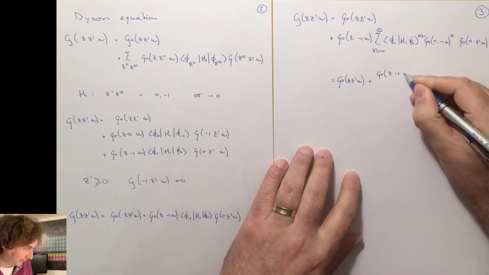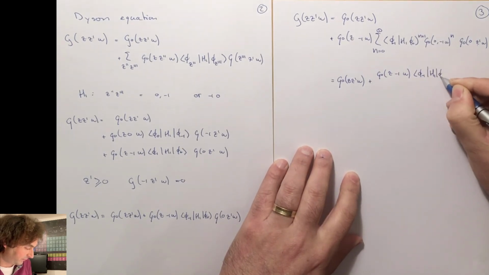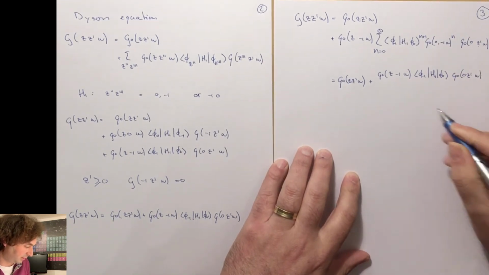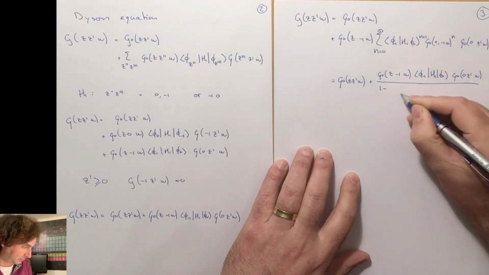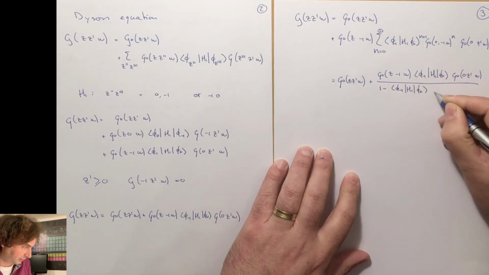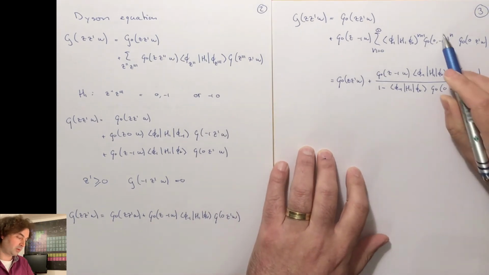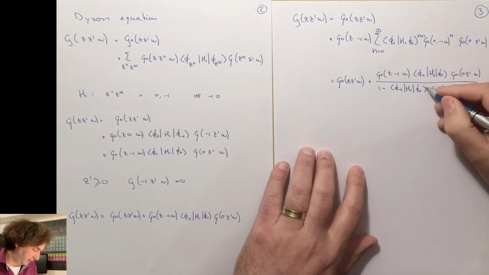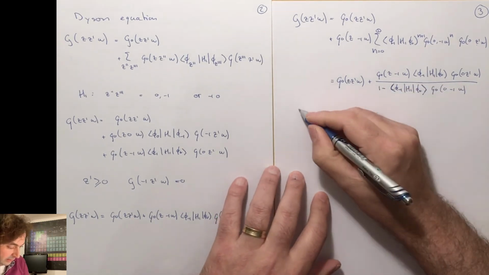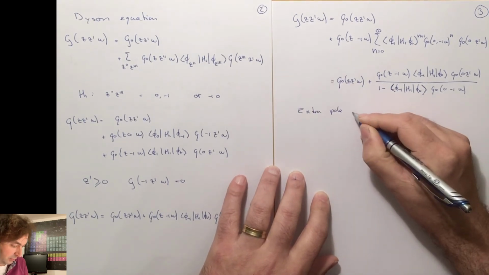G0(z, z', omega) equals G0(z, -1, omega) phi_-1 H1 phi_0 G0(0, z', omega) over 1 minus phi_-1 H1 phi_0 G0(0, -1, omega). So we did the geometrical summation there. So we get an extra pole, which is a bound state.